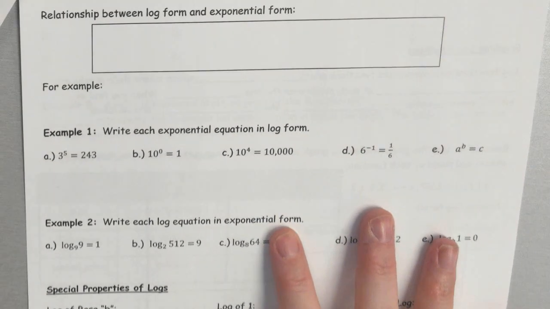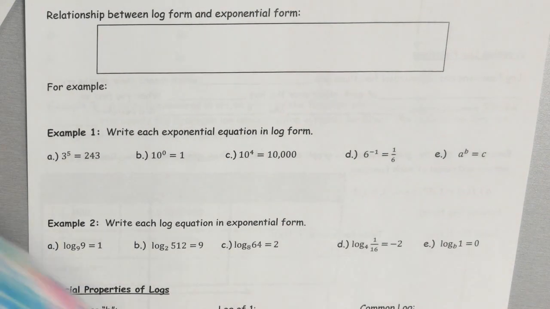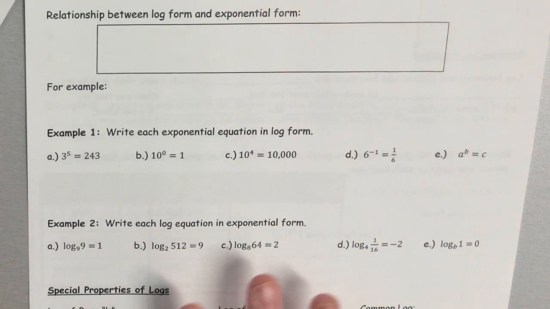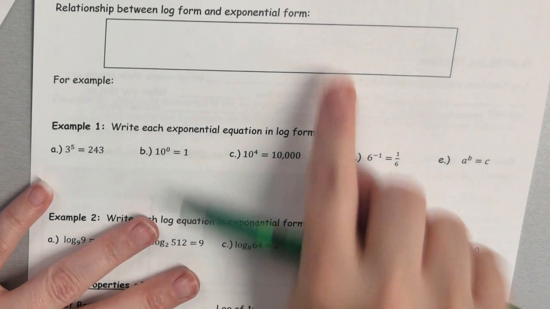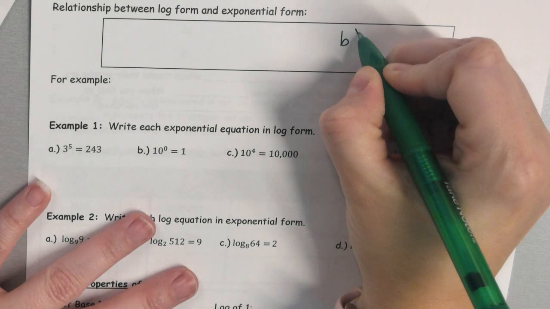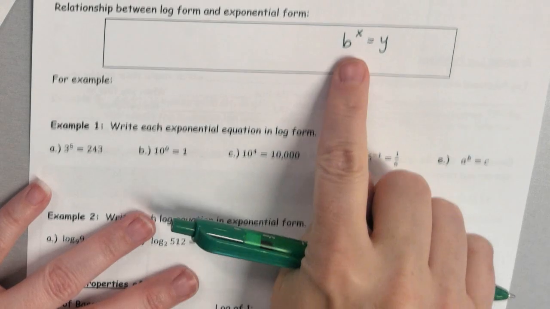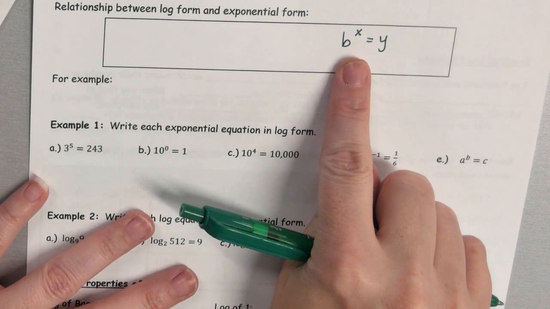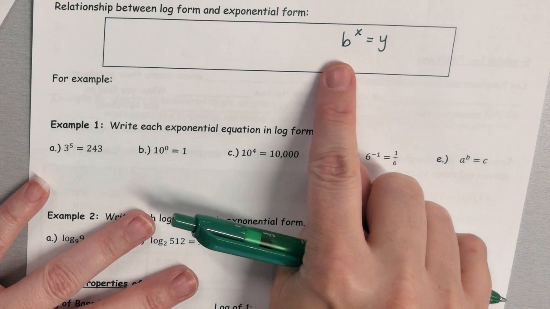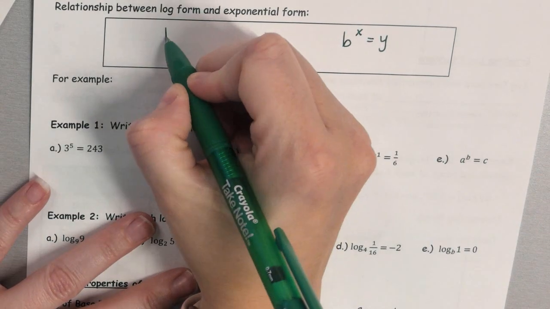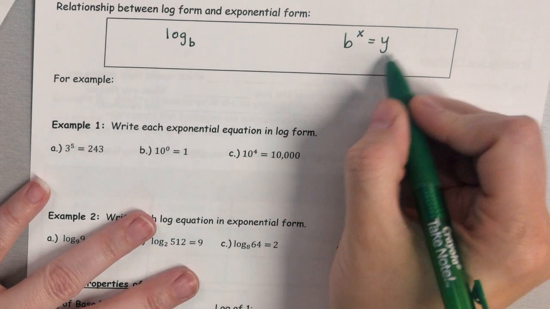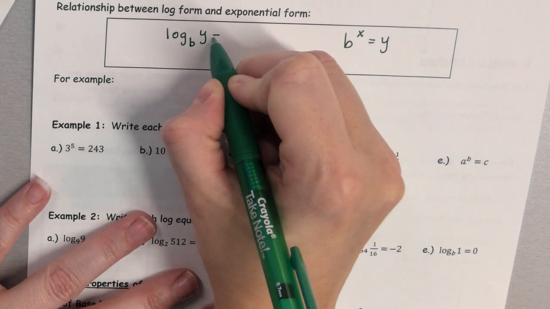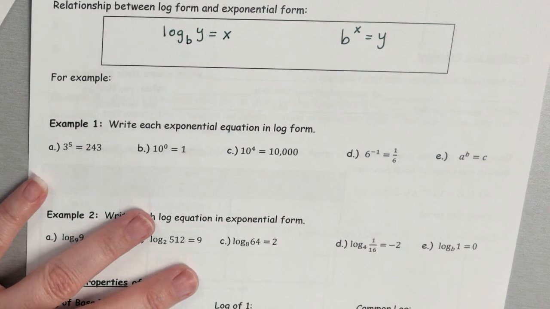This is going to be similar to what you just did, except it's going to look a little bit backwards, okay? So what we did is we took b to the x equals y. That was our exponential form. And what we did is we rewrote it as log with a base of b. And then the y value was here, and it was equal to the exponent.